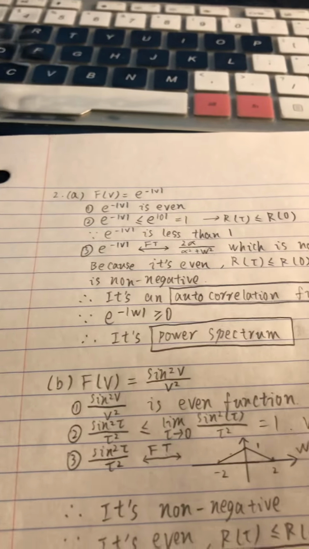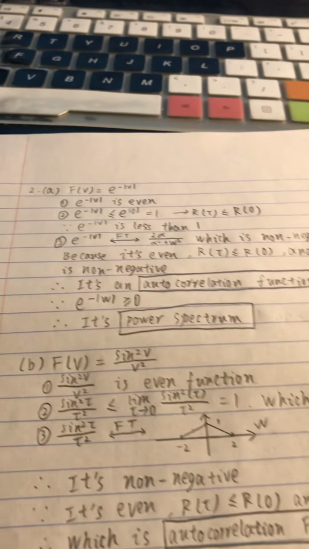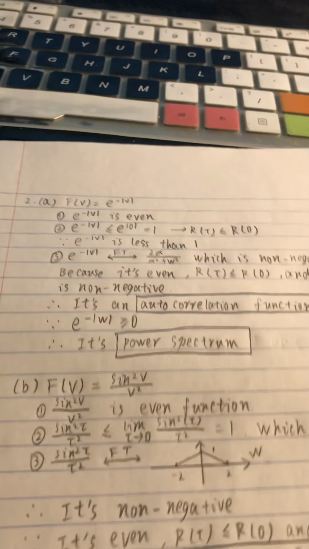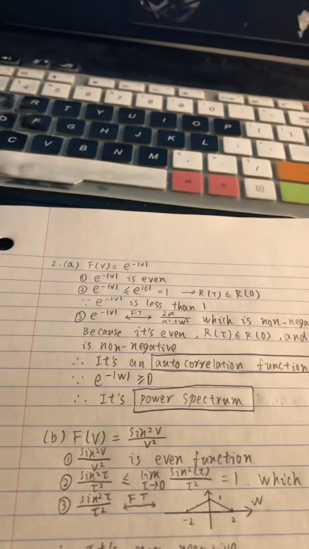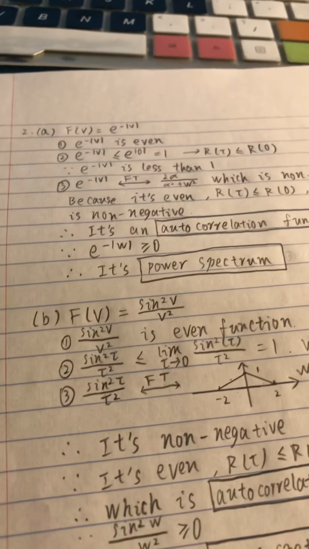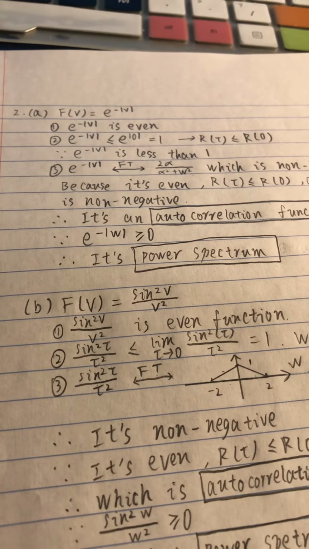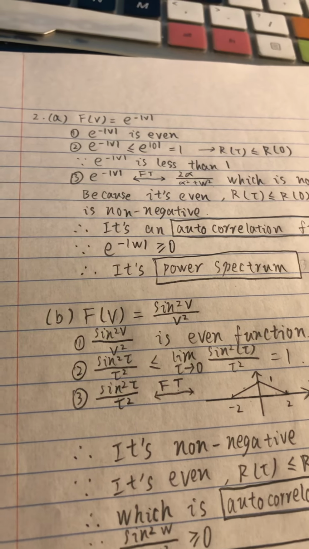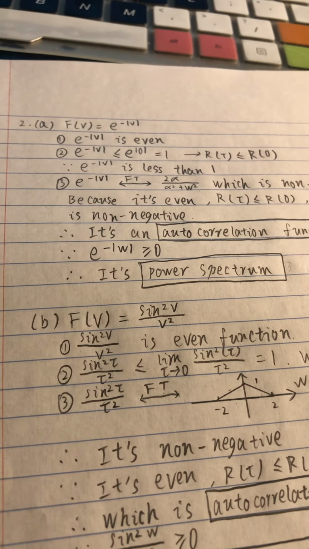e to the power of negative absolute v is even, and secondly, e to the power of negative absolute v is smaller or equal to e to the power of absolute v, which is equal to 1.